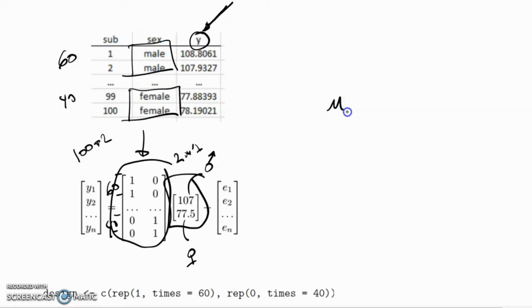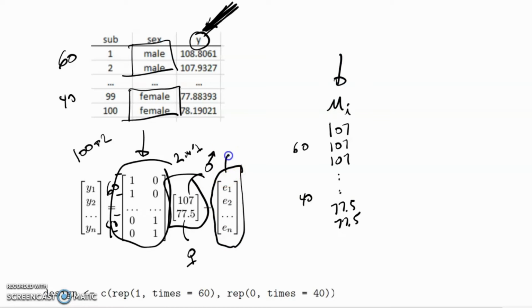What we get is mu I. What we get is 107, 107, 107, 60 of those, followed by 40, 77.5, 77.5. And before I go on, I should indicate that the observed values of Y start off with mu I and then add to it the residual, and we saw in the last video where they came from.